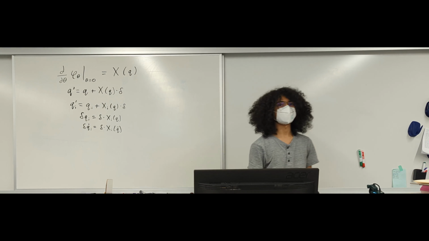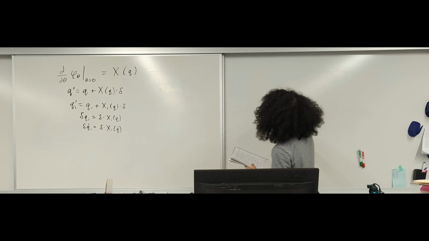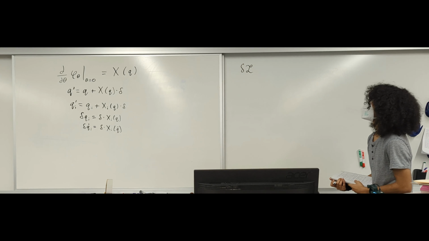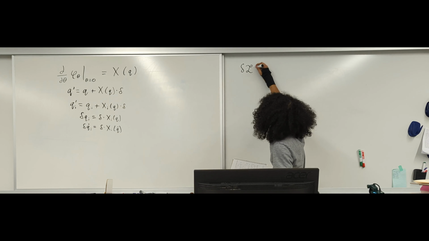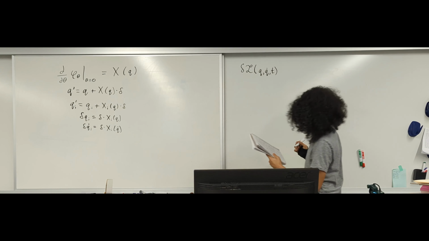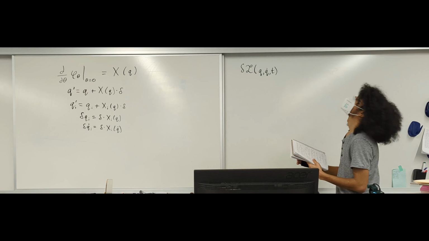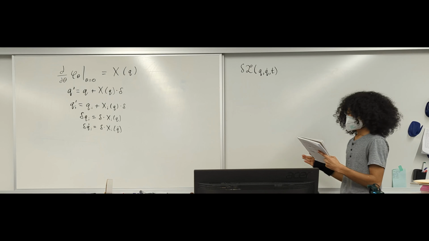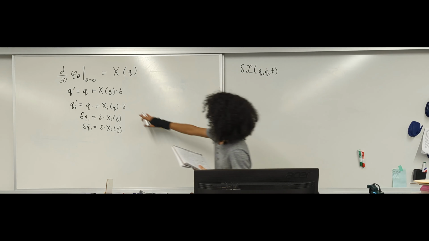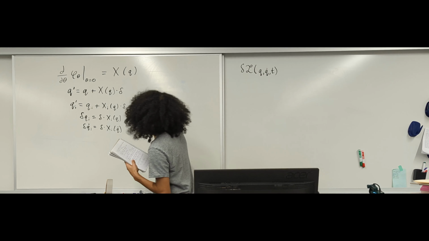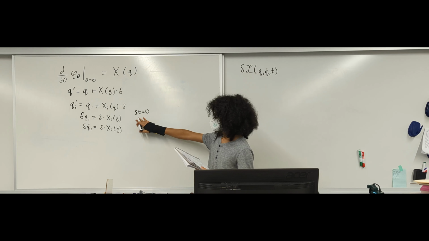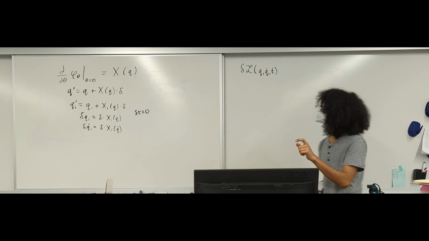Let's say you didn't know it was a symmetry in the first place. You would do a calculation like this. The variation of the Lagrangian: well, the Lagrangian depends on the position, the velocity, and potentially the time. And so the ways in which the Lagrangian will change will come from changing each of these. One thing to note is that we're not changing the time in these transformations. These transformations are all done at one instant.